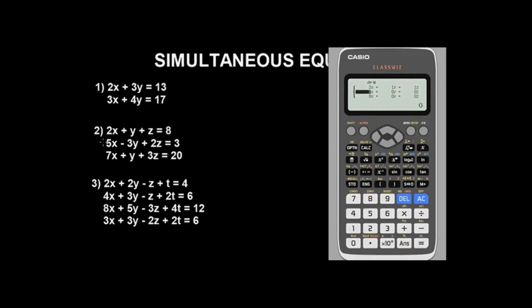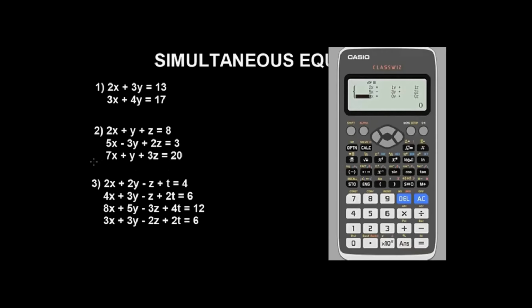Okay, so for this one, coefficient of 5x here is what? 5. Coefficient of minus 3y here is what? Minus 3. Guys, not 3, it's minus 3. Always indicate the sign, minus 3. Okay, so coefficient of 2z here is what? 2, guys. Very simple. Then the constant is 3. Okay, let's go to the last one. Last row.